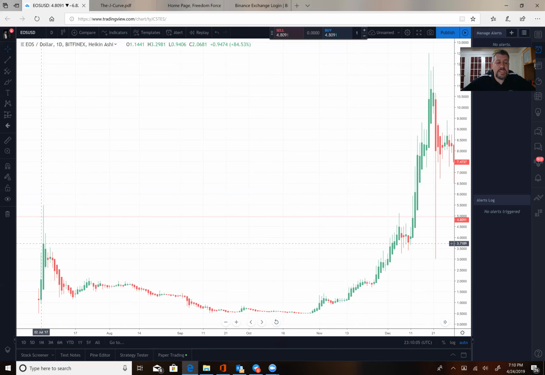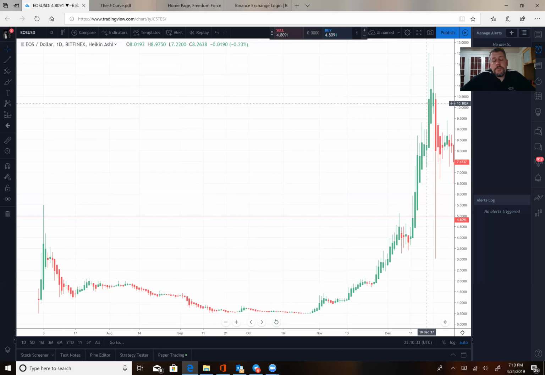But this is your standard J curve trade. This typically happens. 2017 was a big ICO market. There were ICOs coming out left and right. Everybody and their brother was doing an ICO at that point. The ICO market has cooled down a little bit, but we have the IEOs, there are still ICOs, and new tokens that release to the market typically follow this J-curve strategy.